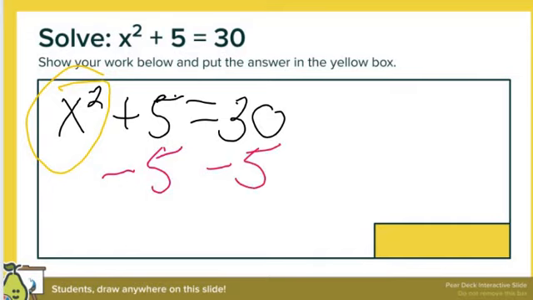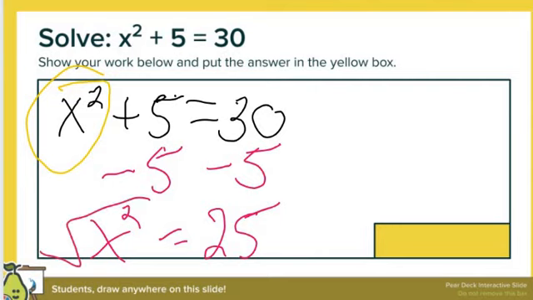Please really take your time showing your work on this. It's not a lot of problems today, so show your work. 25. x squared equals 25. Take the square root on both sides, right? These cancel out, and you're left with x equals the square root of 25, which is 5.